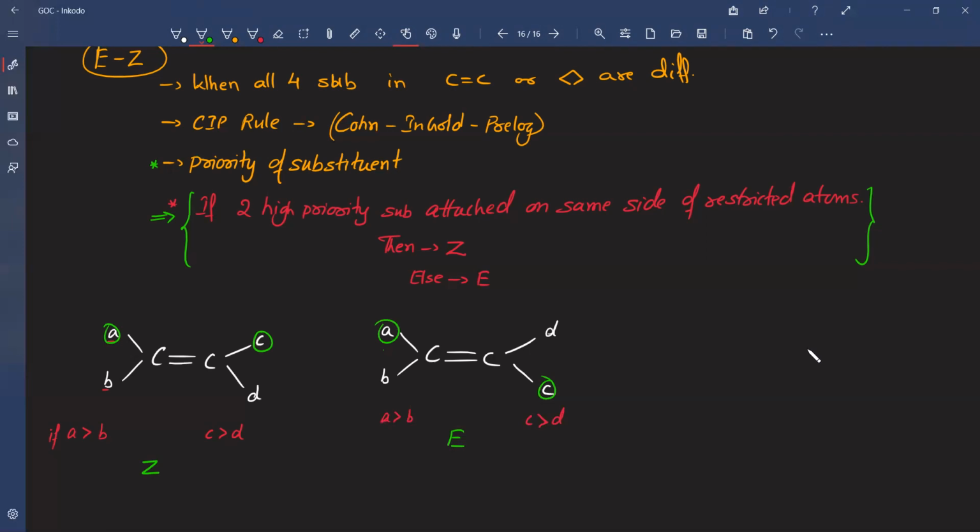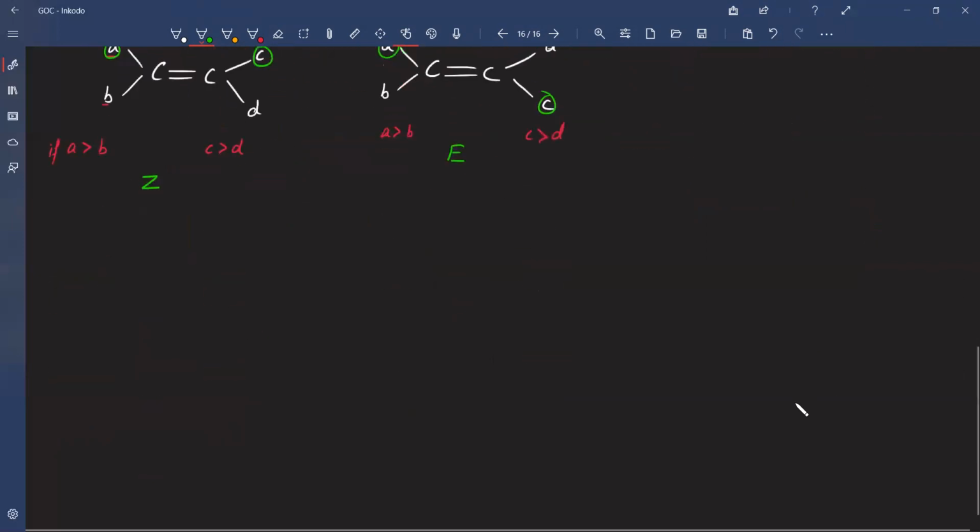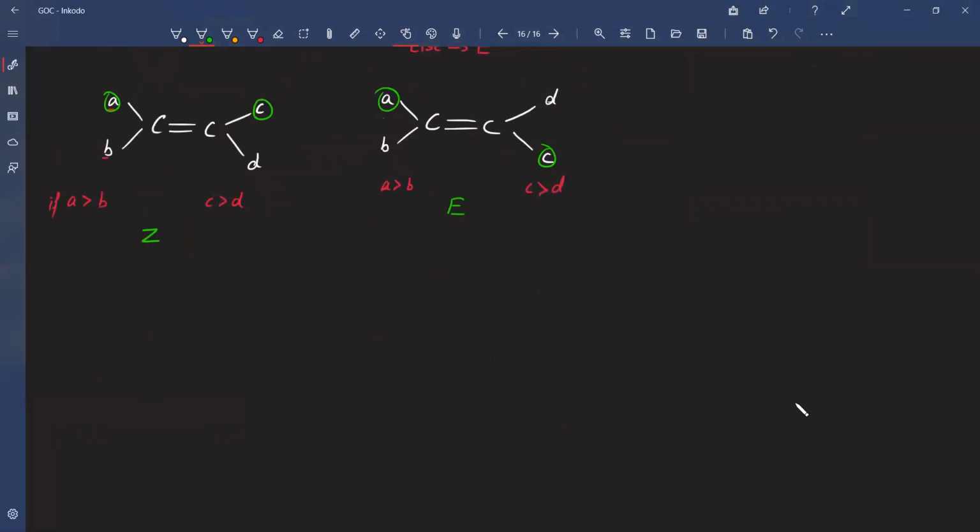Between A and B it can be A, and on the other side, if you have A and C, it is possible that C may have higher priority than A. So this priority is relative. But how to find that? It is not based on size or anything else. This priority is actually based on the atomic number.